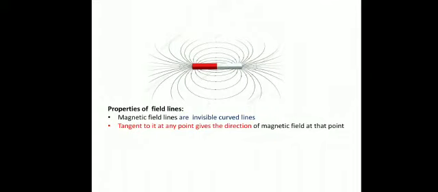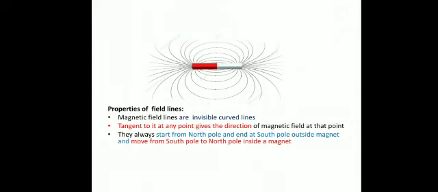So the tangent to the magnetic field at any point will give the direction in which the magnetic field is moving at that point, because we cannot see it with our naked eyes. So we have to take the help of some experiments to understand and find it out. So number one, magnetic field lines are invisible curved lines. Number two, the tangent to them at any point gives the direction of the magnetic field.